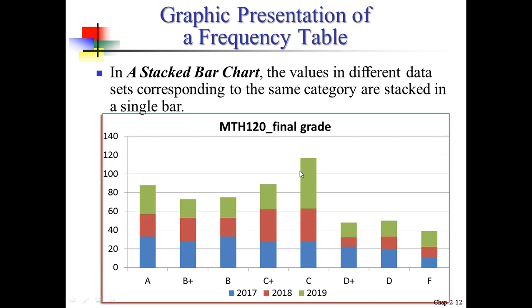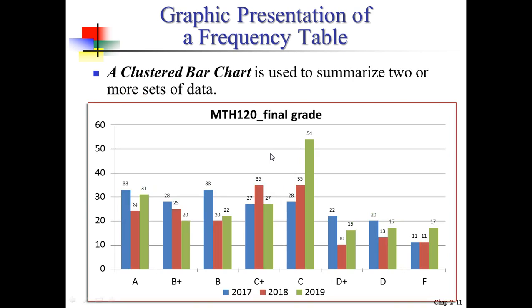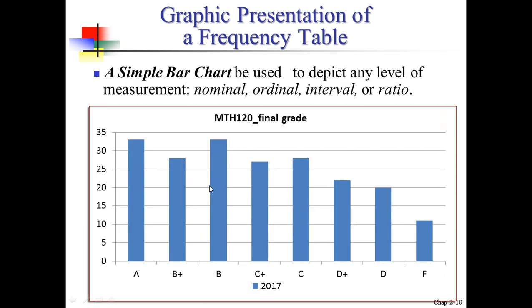After C, maybe B and C plus, B, A and C plus tend to be similar to each other. So this one we call a stacked bar chart. This one we call a cluster bar chart.